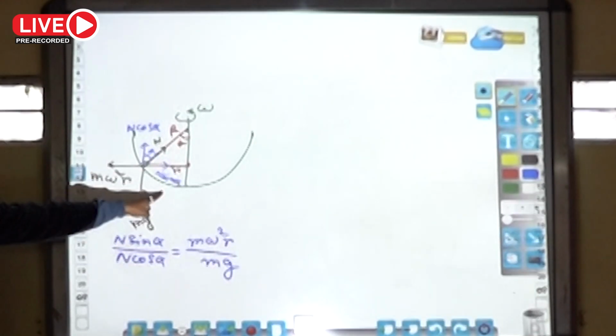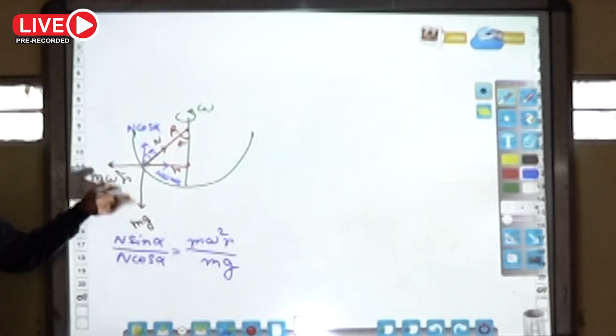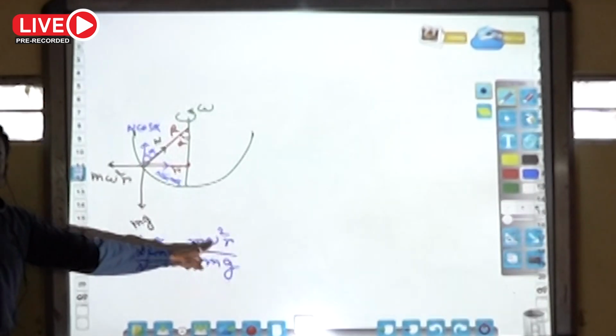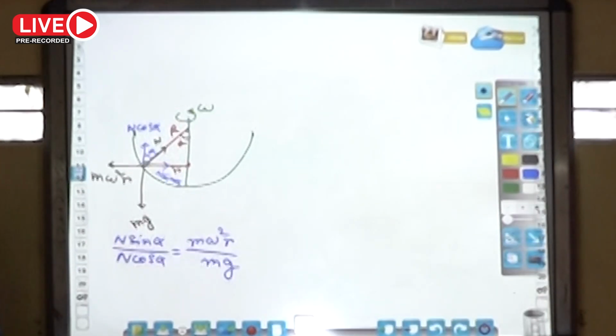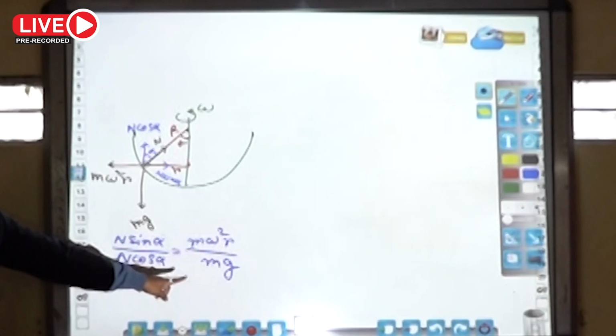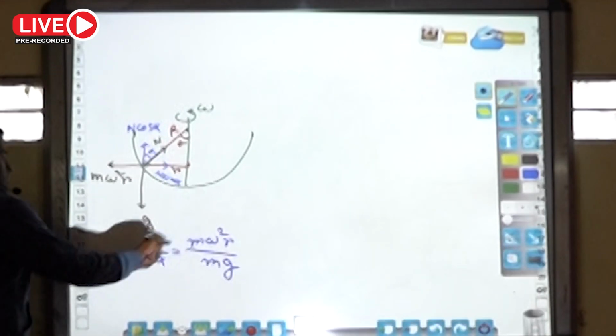For equilibrium, N sin alpha equals m omega square r, and N cos alpha equals mg. Dividing the two equations, N sin alpha by N cos alpha equals m omega square r by mg, to eliminate N and m.